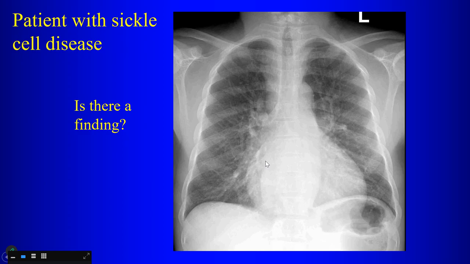Yeah, so that's the descending thoracic aorta. What could this be? This here is the right atrium. There's pulmonary vascular congestion, which is not going to surprise you. But what is this line here that's displaced? Well, first you have to tell me what line would be displaced.